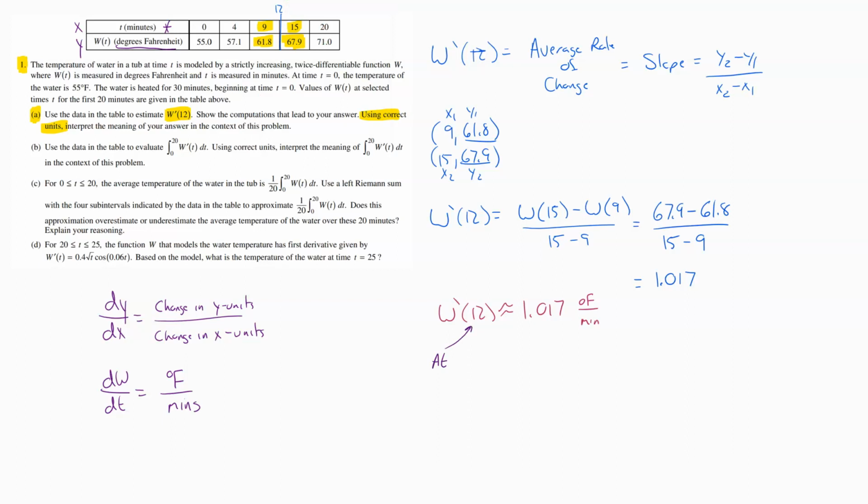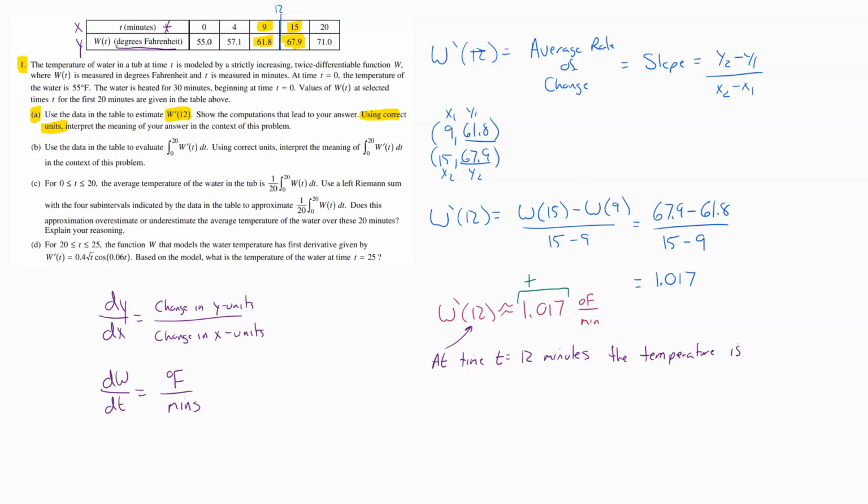You would say, at time t equals 12 minutes, tell them that x value, the temperature, whatever your y piece is, and then if this value here is positive, then we know that it's increasing.